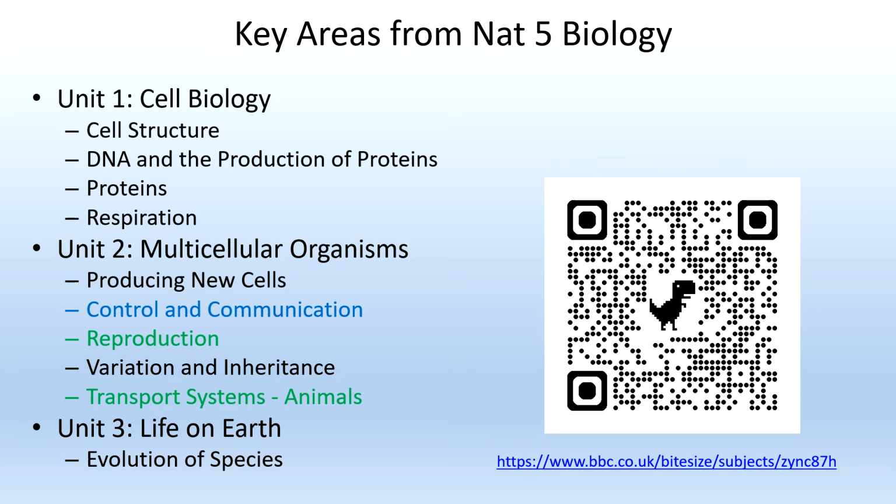From Unit 2 of the Nat 5, multicellular organisms, the reproduction and cardiovascular systems come up in Unit 2 of the Higher. But in today's video, I really want to focus on the cell biology topics, as these will really help set you up for the time ahead in that first unit, Human Cells, of the Higher Human Biology.